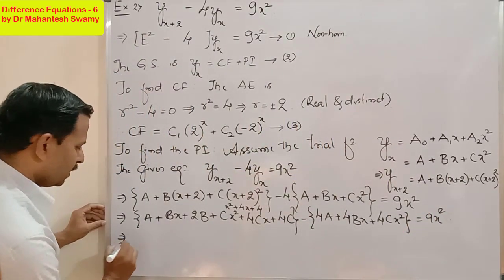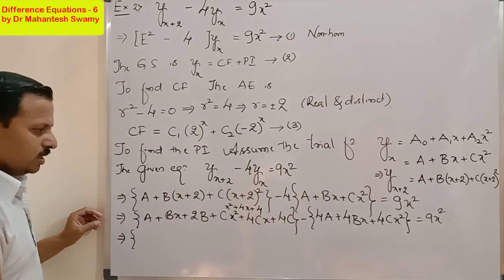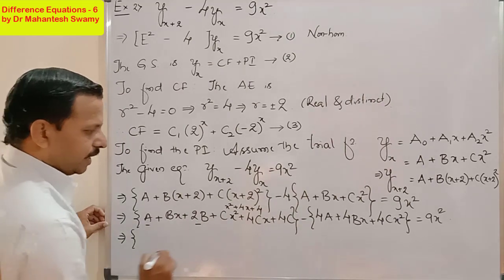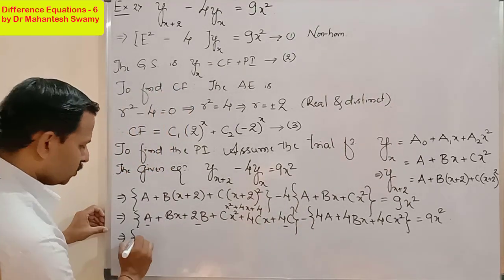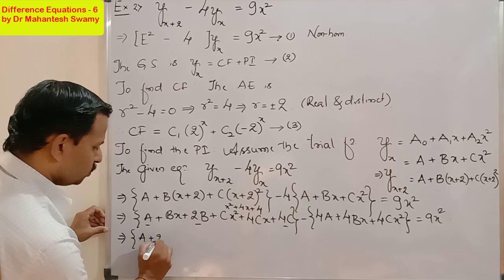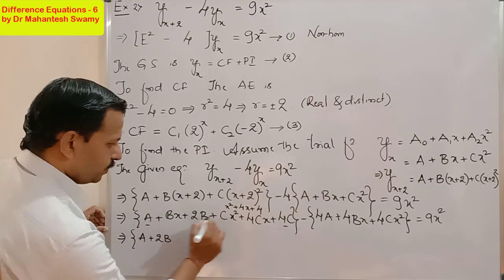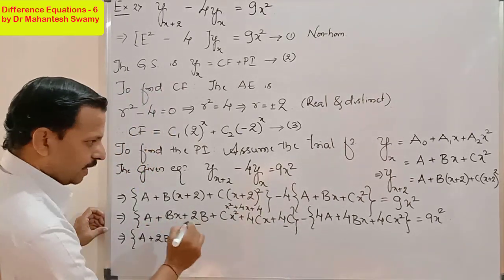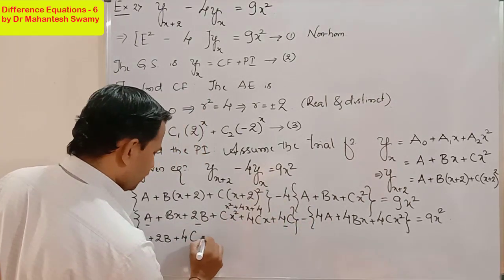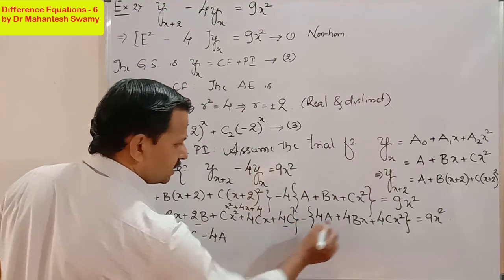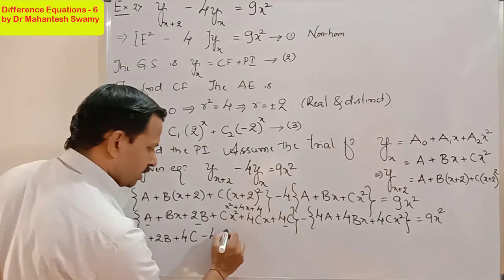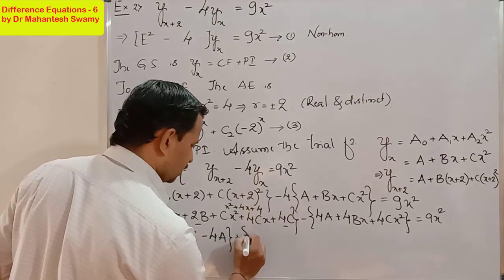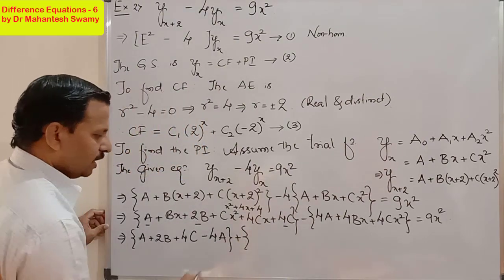Now in the next step, let us collect all the constant terms. The constant terms are a here, 2b here, and 4c here. So let us collect a plus 2b plus 4c from the first bracket, minus 4a from the second bracket. These are the constant terms, keep them in the first bracket. Now the terms with x, let us collect in the second bracket, keeping x outside.